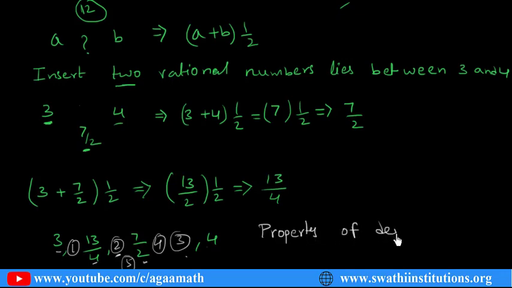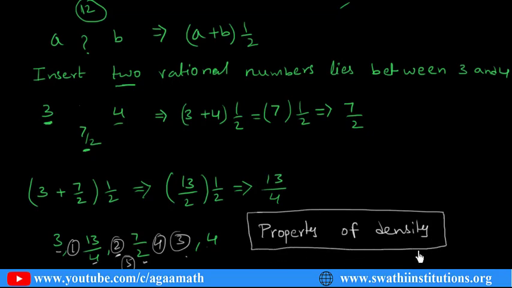The property of density is that infinitely many rational numbers lie in between two rational numbers. Let us see a few more questions based on this.